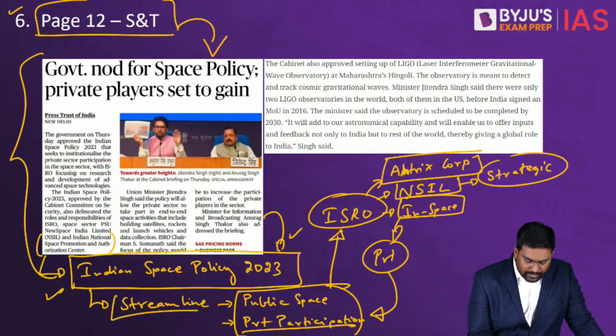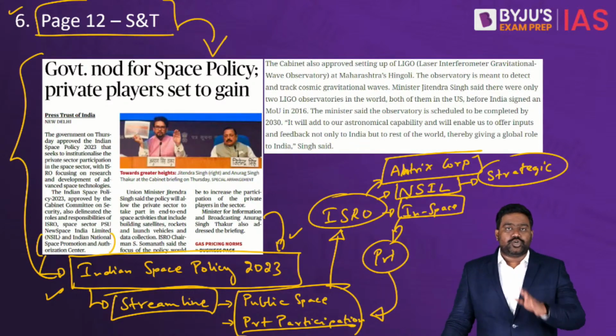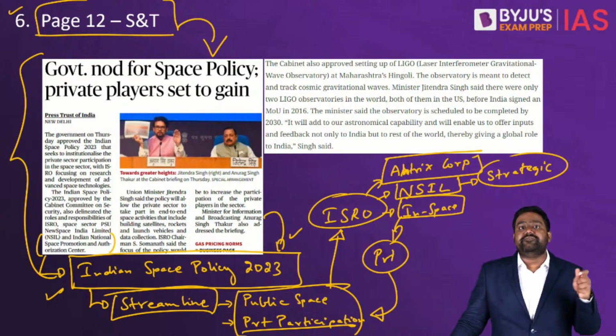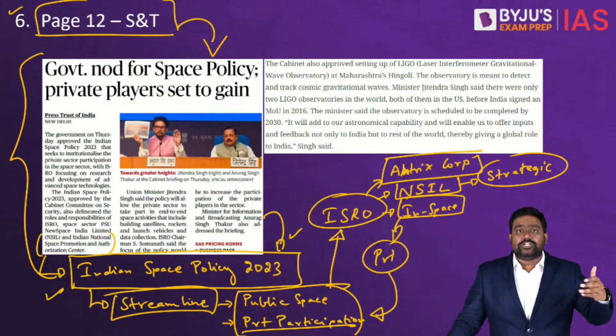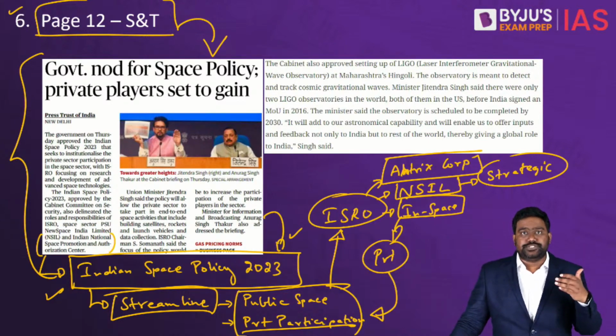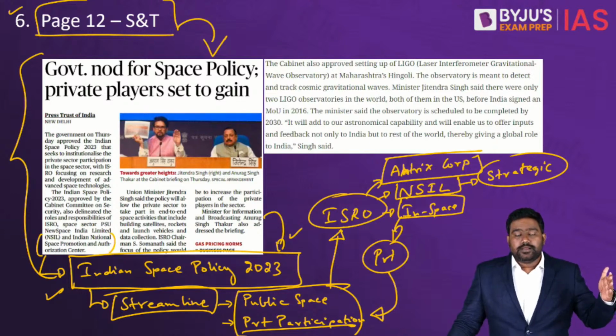See, going forward, the focus of India is to ensure that ISRO, which is the main space agency of India, will focus on research and development. It will focus on emerging technologies, developing new technologies, focusing on further exploratory missions to Mars and beyond, right?